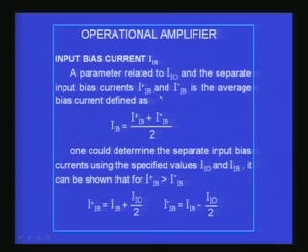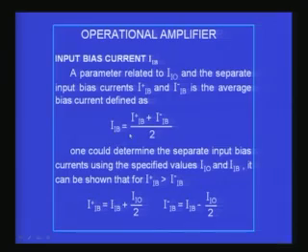IIB plus and IIB minus, which you are already familiar with, are the two bias currents flowing into the plus and the minus terminals of the amplifier. Therefore, IIB is the average of these two currents, IIB plus plus IIB minus divided by 2.